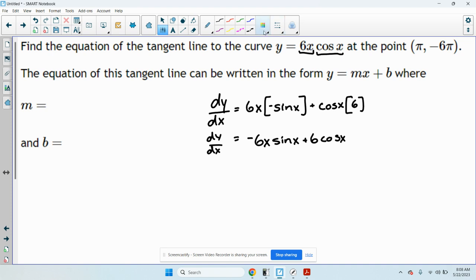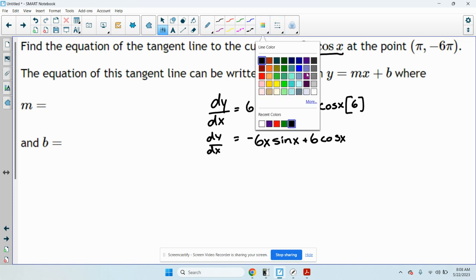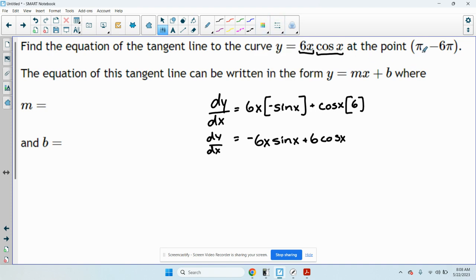So now I need to figure out what the slope is by plugging in pi for x. So this is going to be negative 6 times pi, sine of pi is going to be 0, plus 6 times cosine of pi.